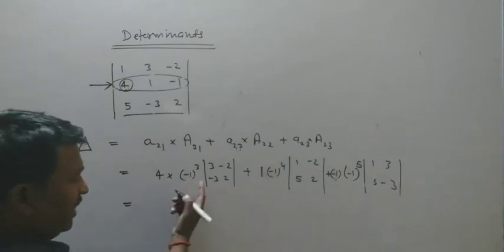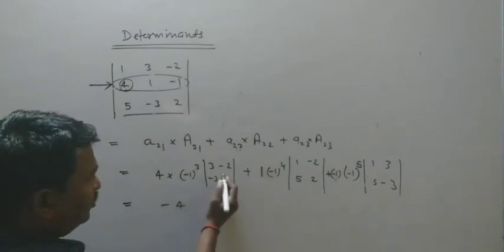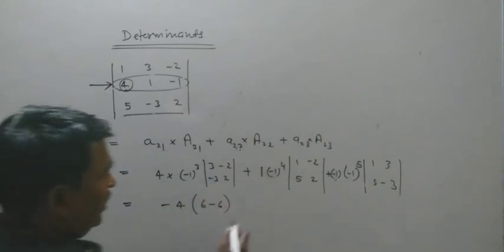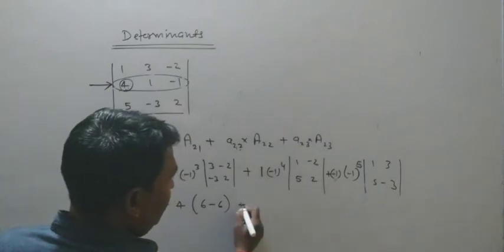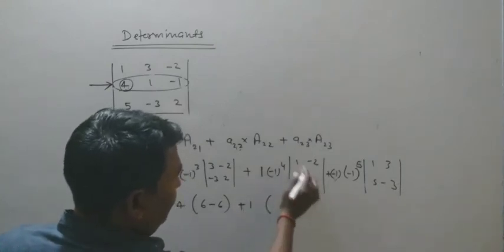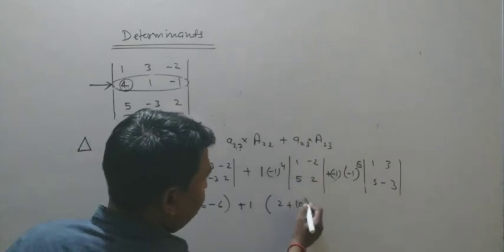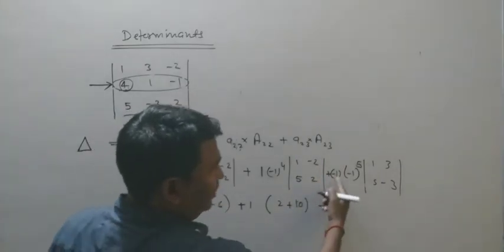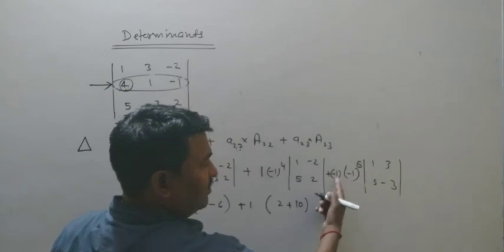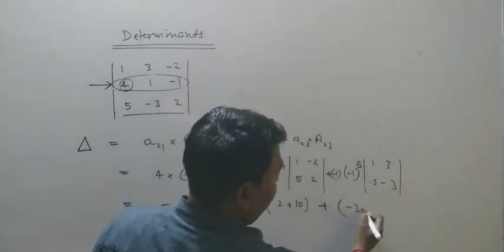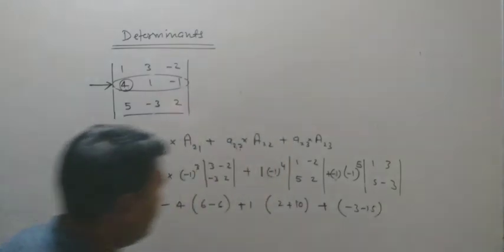Minus 1 cube, minus 4, and solving it, 3 times 2 is 6, minus 3 times 2 is minus 6. Okay, and here plus 1, 2 minus 10, which is minus 8. Here minus 1 power 5 is minus, and here minus 3 minus 15.